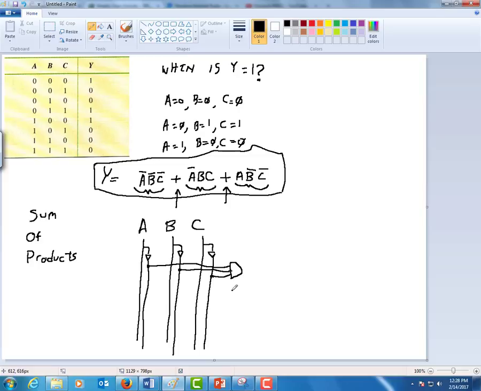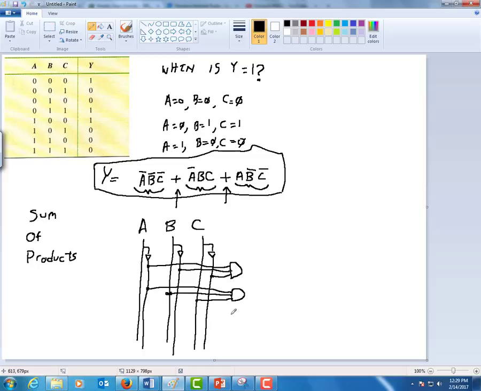What about the second term? Here is your AND gate, and we have A bar, B, and C right here. Just make sure that's on there. So that's your second term.